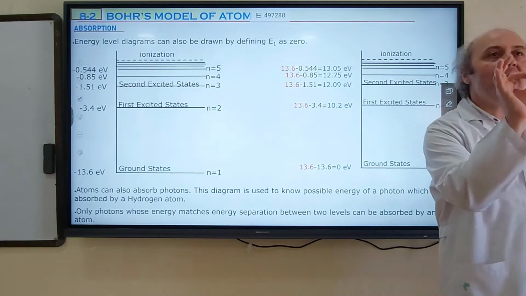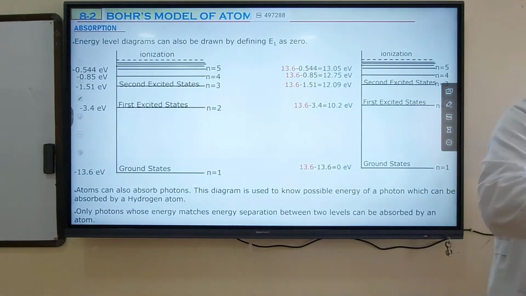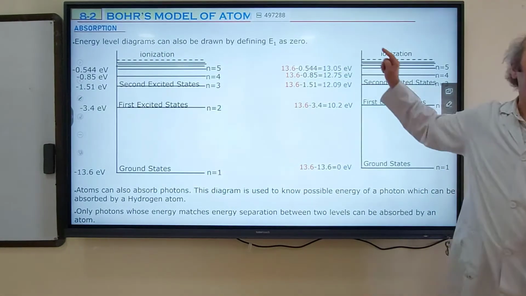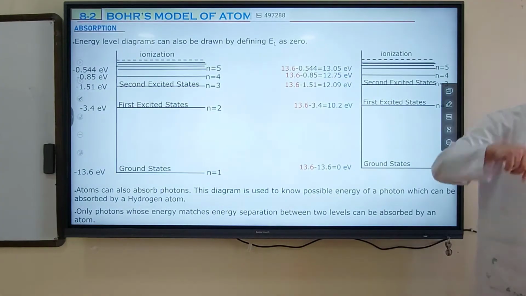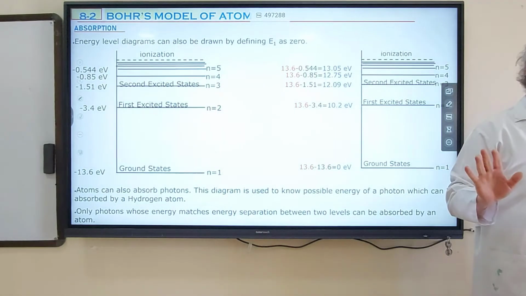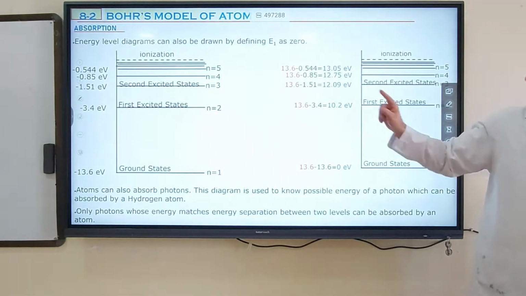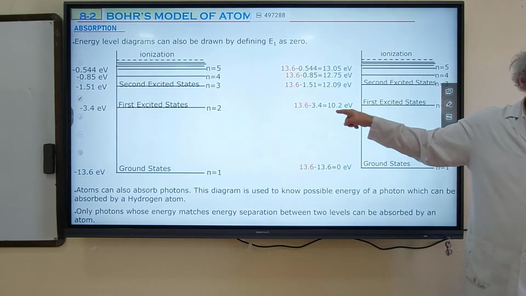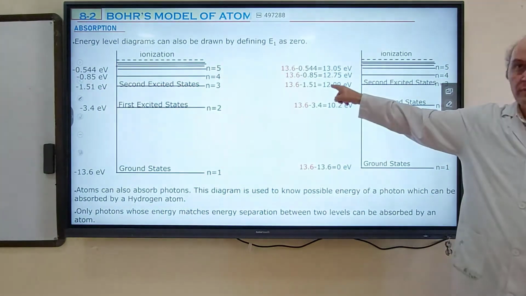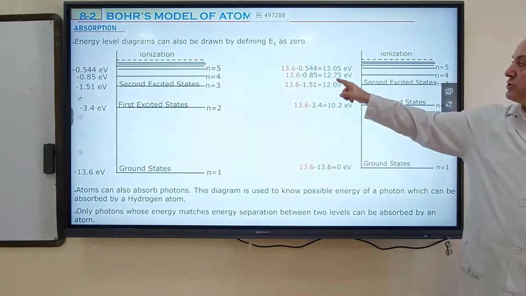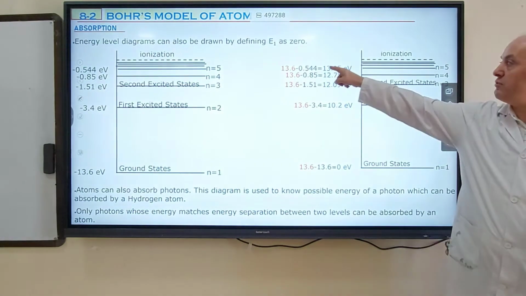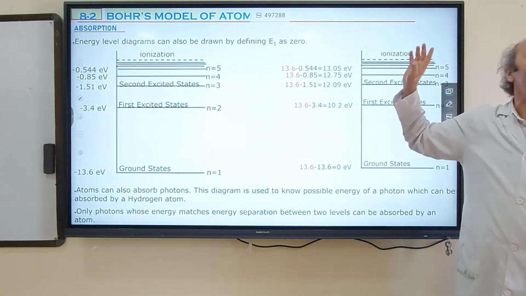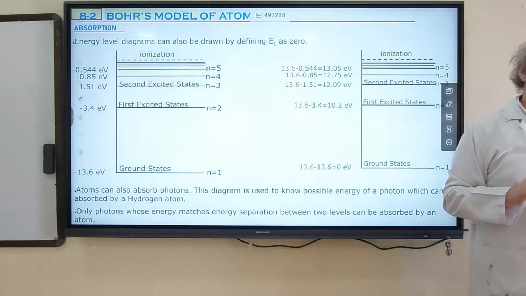Yani, the energy of the photon must match exactly this number. If it is, say, 10 electron volt, no, it must be a 10.2 photon. The incoming photon must have 10.2 electron volt, 12.09 electron volt, 12.75 electron volt, or 13.05 electron volt. Not different than that.